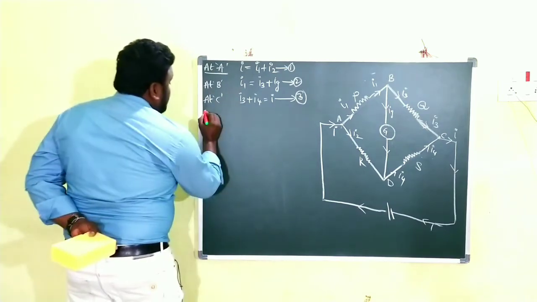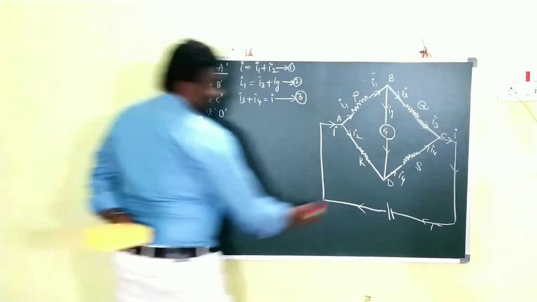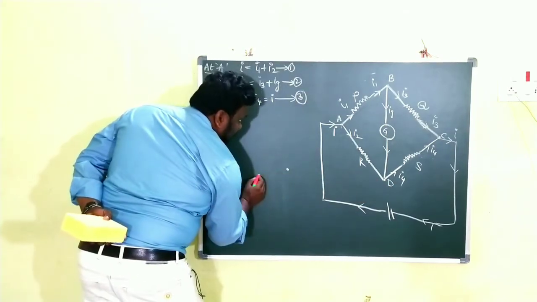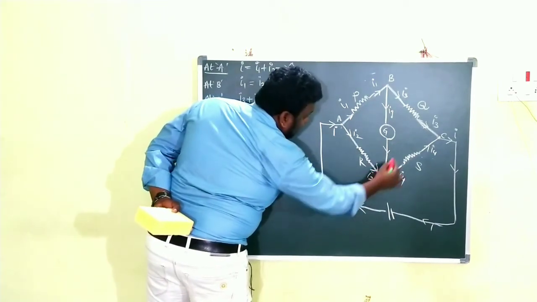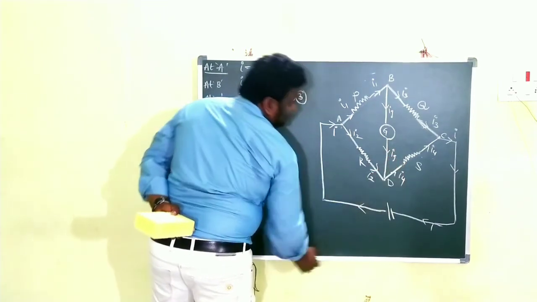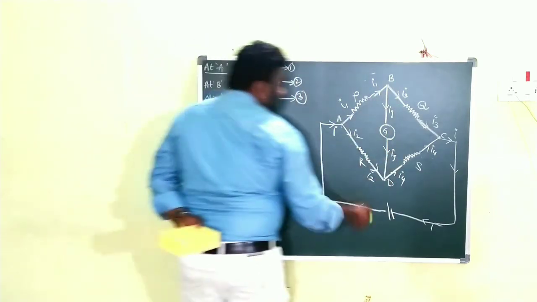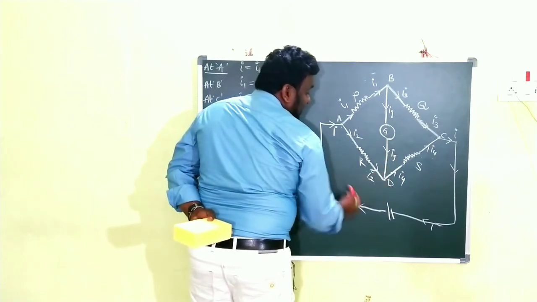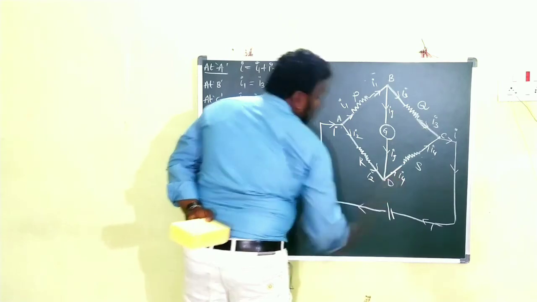Clear? And now children, at the junction D. This is the junction D. Here I2 is entered and IG is also entered. IG means the amount of current through the galvanometer. IG is entered and I2 is entered, and here I4 is leaving.